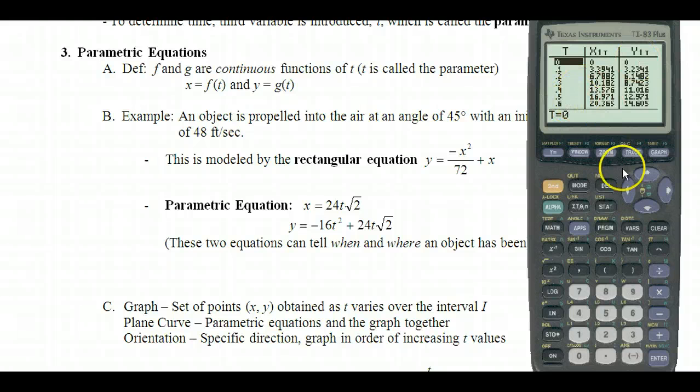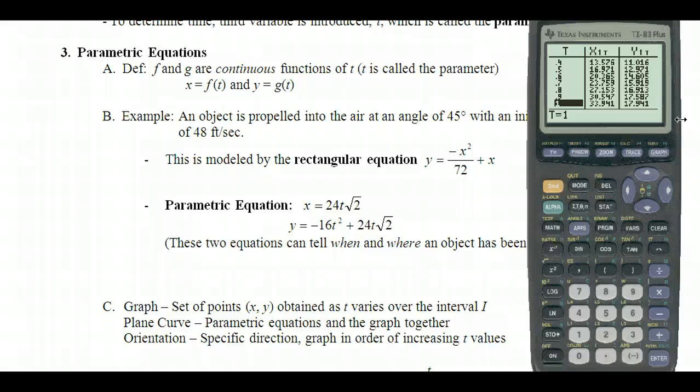But if I want to know where it is at a half a second, when the time is 0.5, my x value is 16.971, and then my y value. So I know the exact position when the time was a half a second. Then you can scroll down and ask, what happened at 1 second? At 1 second, this was the exact position of the object.